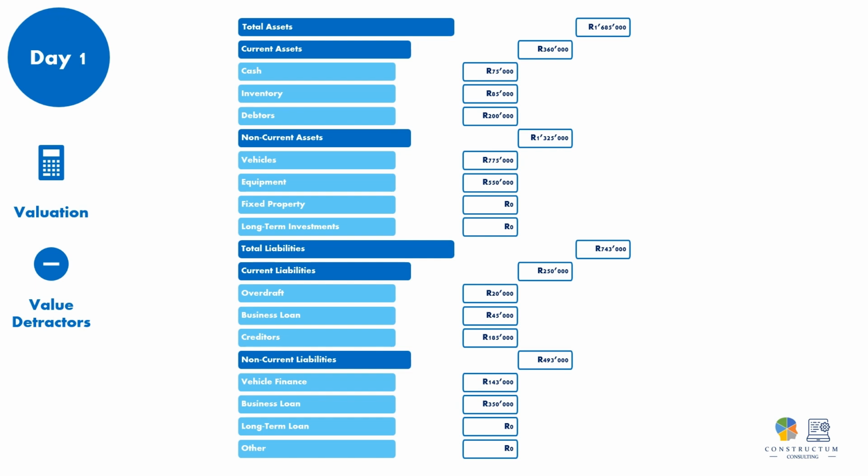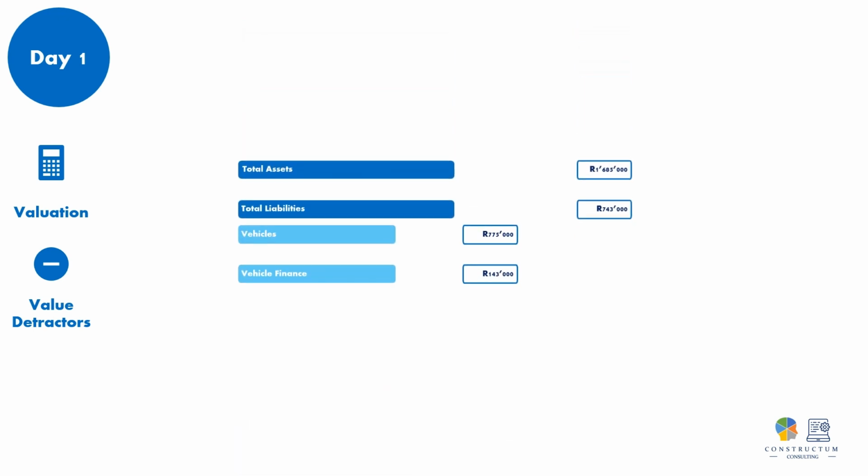First, we consider a fire sale value, as though we sell the assets of the business at an auction. How much money will remain after settling all liabilities? To make this calculation, we look at the statement of financial position and consider the value of assets minus liabilities.